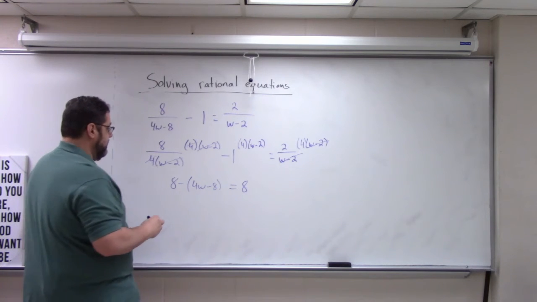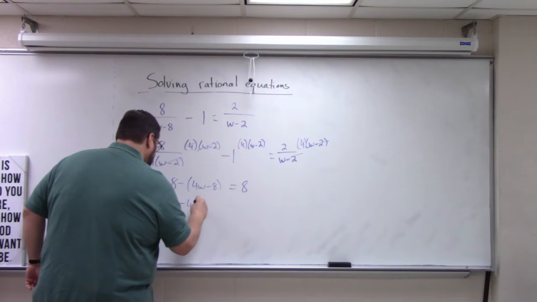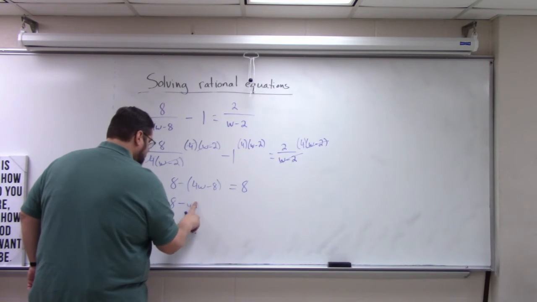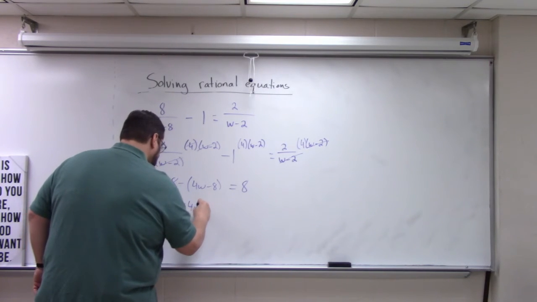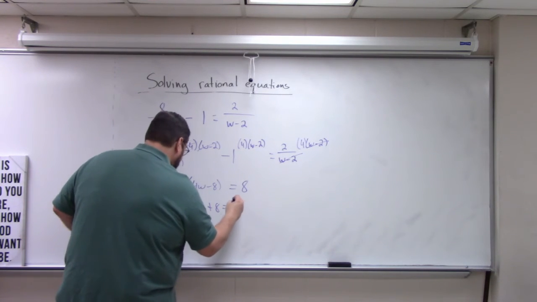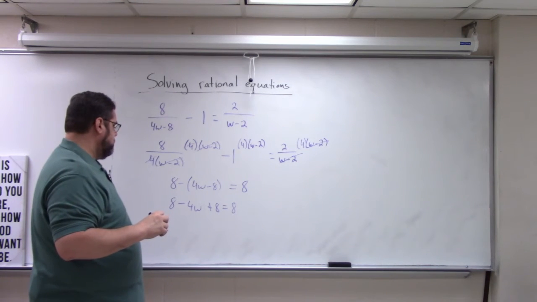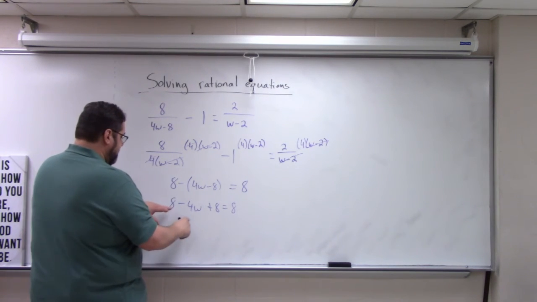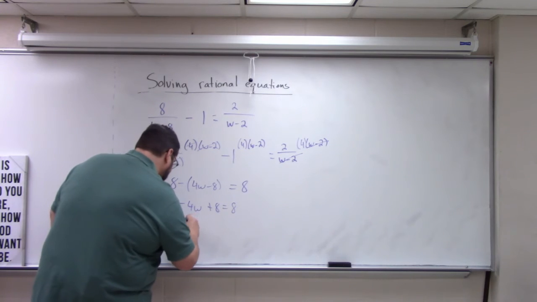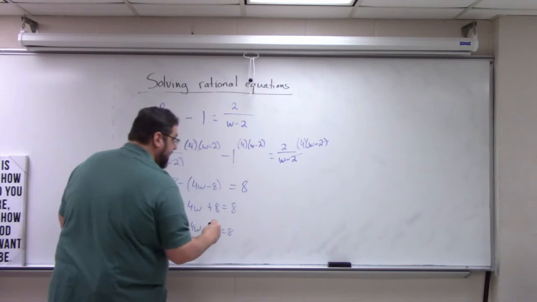So let's just kind of look at this. This is 8 minus 4w. The minus distributes. This becomes plus 8 equals 8. A lot of 8's in this problem. On the same side, we have 8 plus 8. So this is negative 4w plus 16 equals 8.